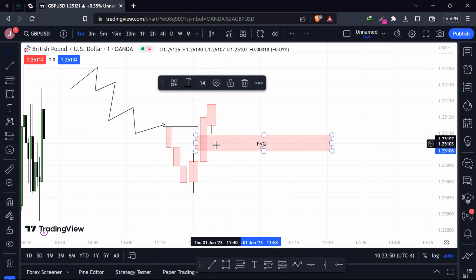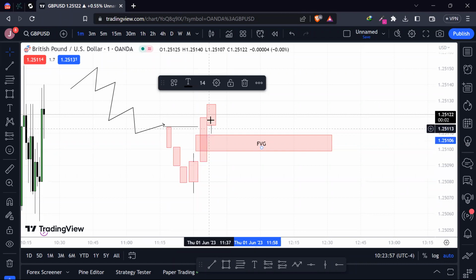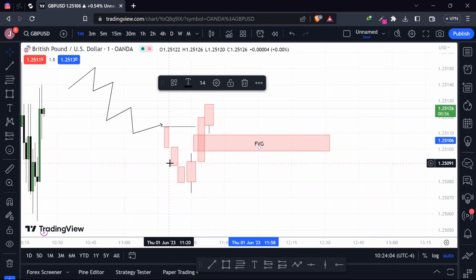So why is this the FVG? There were bearish candles, three bearish candles, and three bullish candles. The three is just a number, I just said three for the sake of the picture.